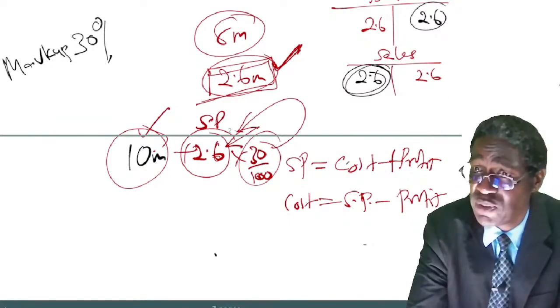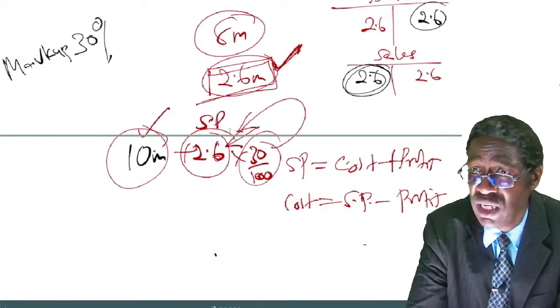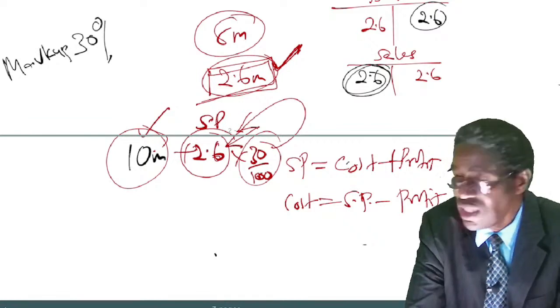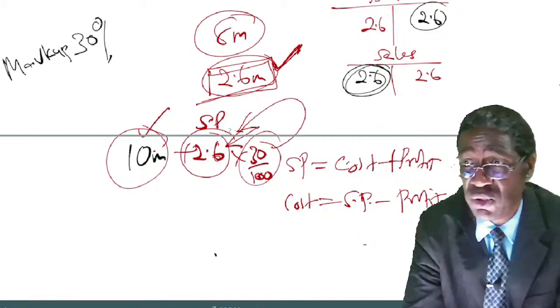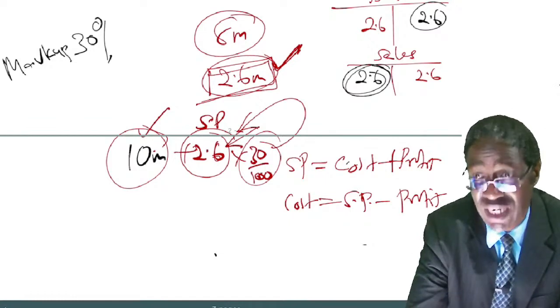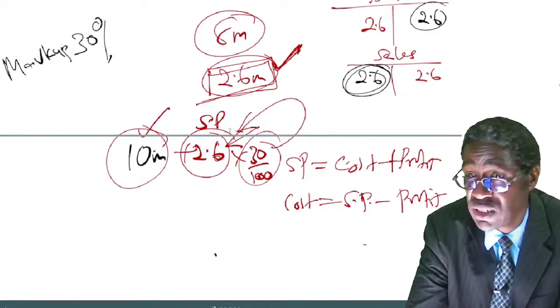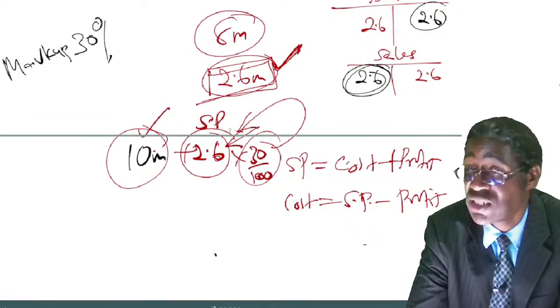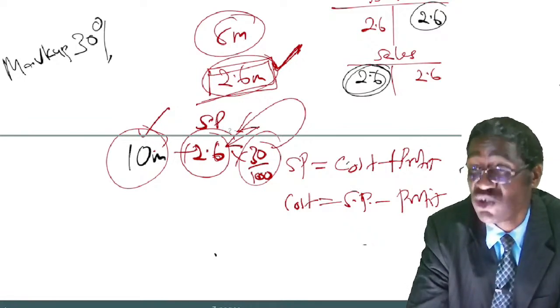Tell me yes or no. The answer is no. You cannot just take 30% of that 2.6.